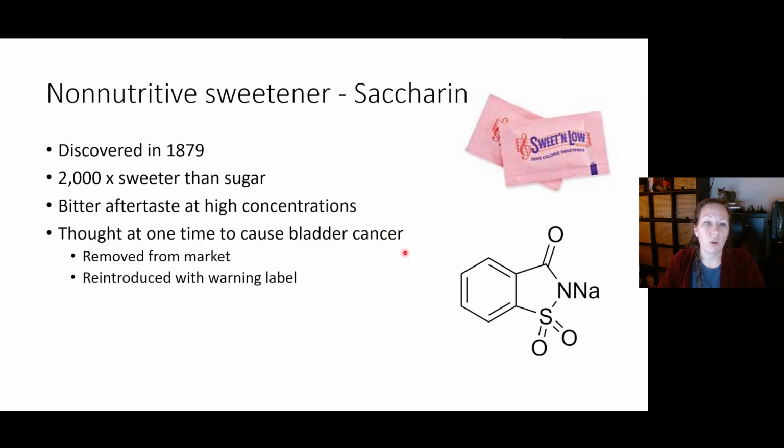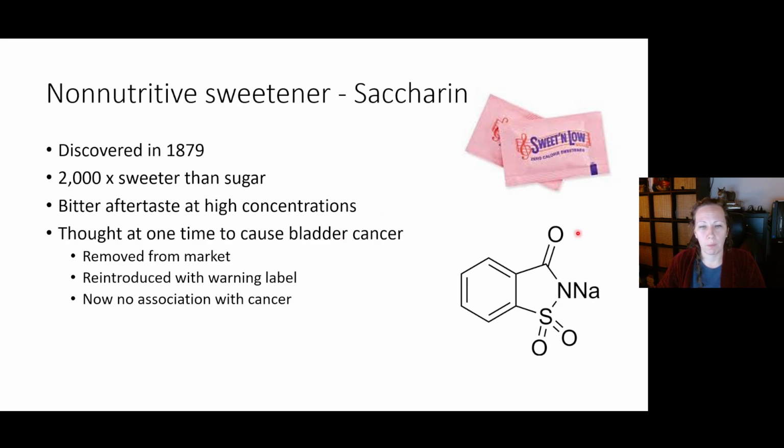They did not know for sure that this caused cancer. They found an association in one study, and they removed it from the market just to be safe. Then they put it back with a warning label saying, we don't know, but it might contribute to bladder cancer. Since then, a lot of research has been done, and there's been no actual association with cancer found. So it is completely on the market now, and there is no warning label on saccharin products.